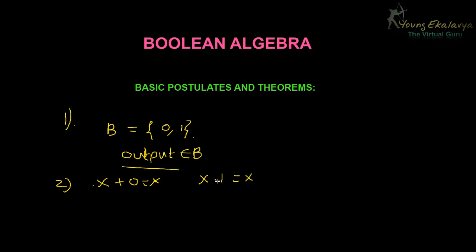This establishes two identity elements, 0 for plus and 1 for and.